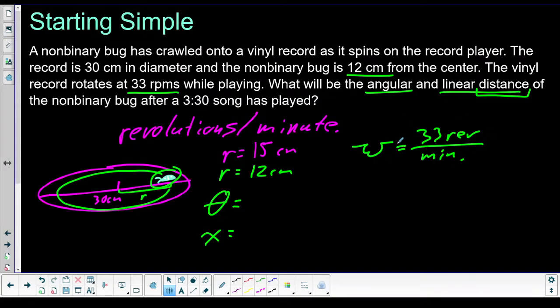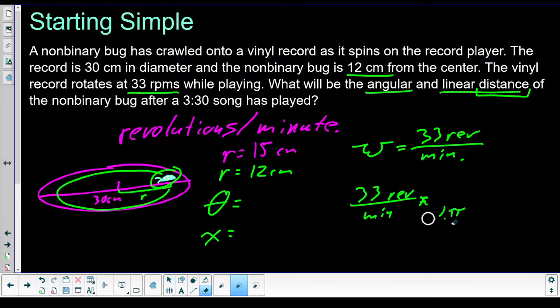So if I want this thing, 33 revolutions per minute, to be in radians per second, there are 2 pi. Whoops, that's in the wrong spot. Gosh dang it, you guys. I didn't think this through very well.